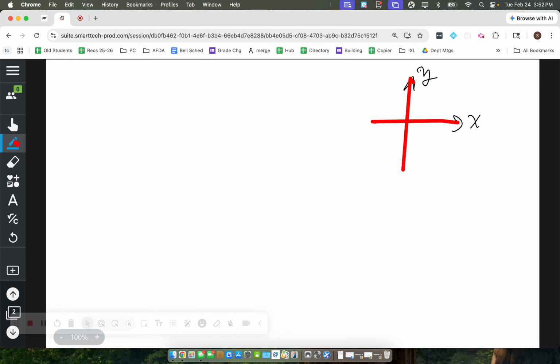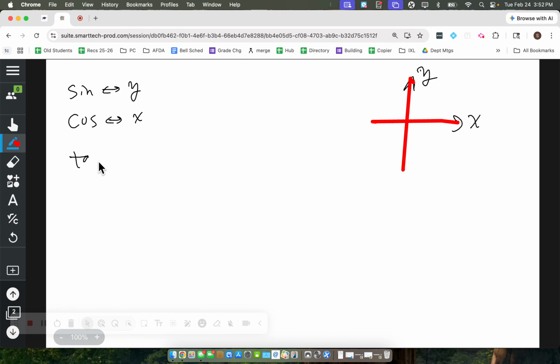As we move toward analyzing triangles, we're going to move those ratios into the coordinate plane. And what you're going to have to accept is that sine is associated with y, and cosine is associated with x.